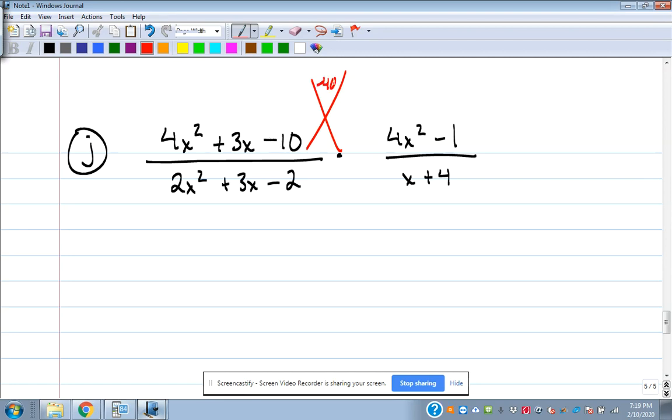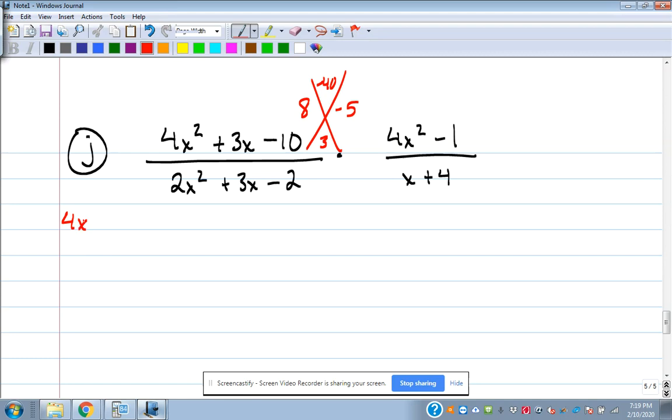Negative 5 and 8, which add to be 3. And I can't take the shortcut because it's got that 4 in front of x squared.